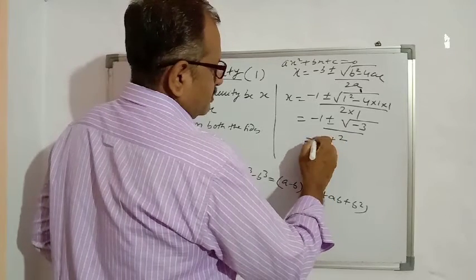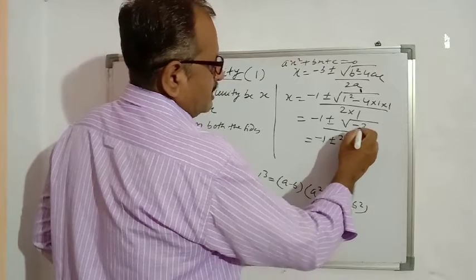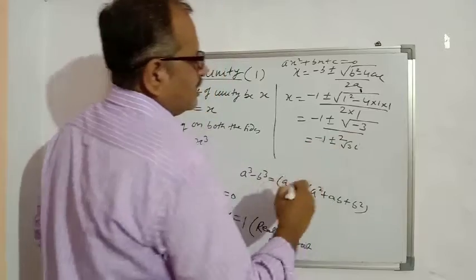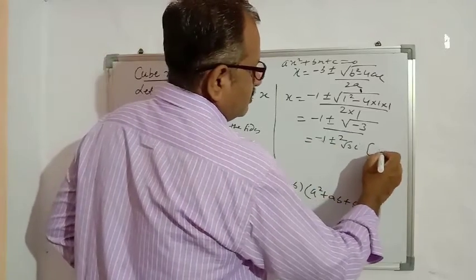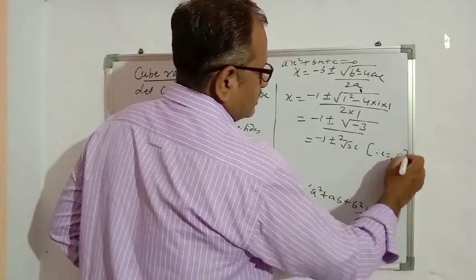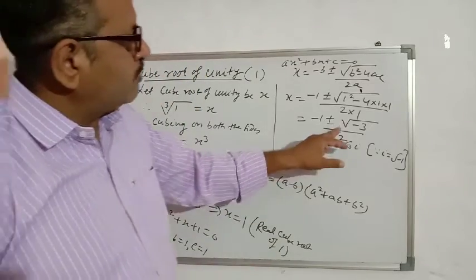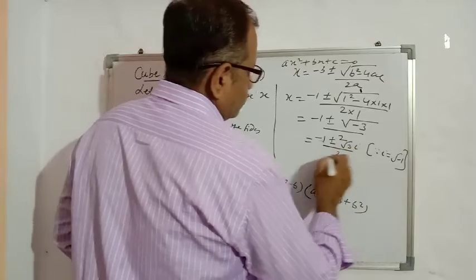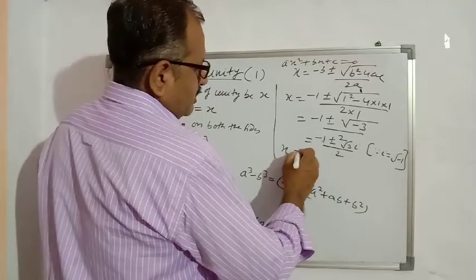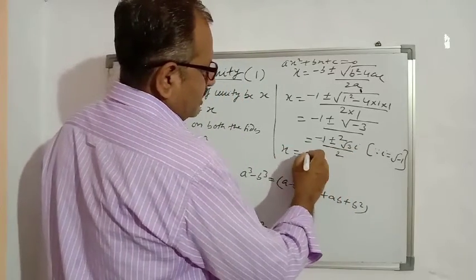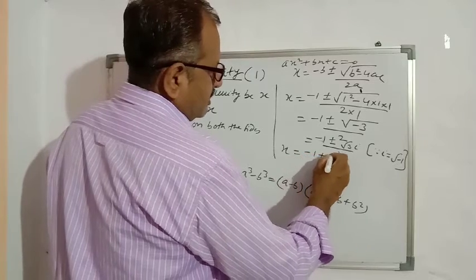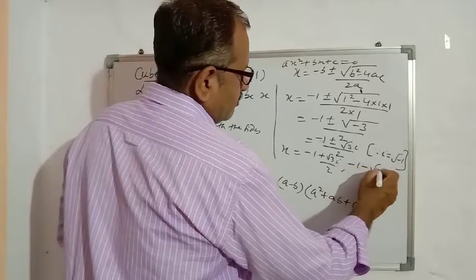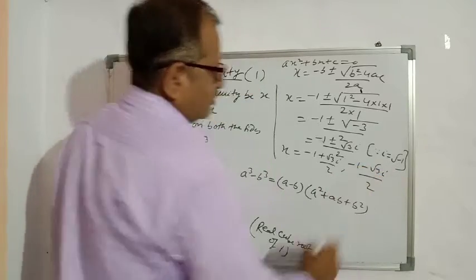Minus 1 plus minus, it can be written root 3i, where i is equal to root minus 1. So root minus 3 we can write as root 3i, upon 2. Taking positive and negative signs separately, we can write minus 1 plus root 3i by 2 and minus 1 minus root 3i by 2.